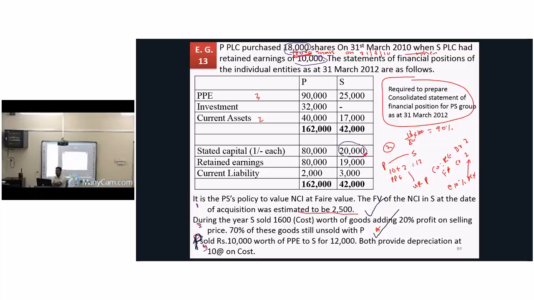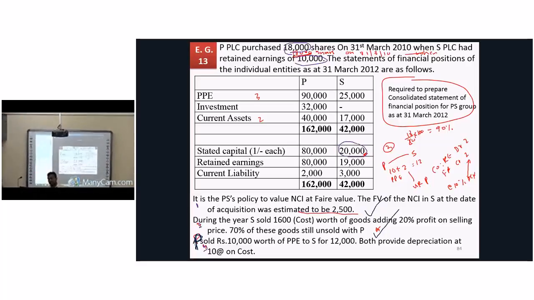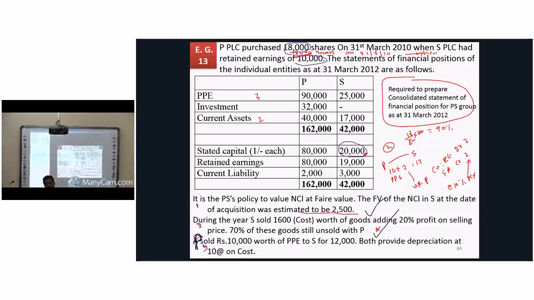And what about depreciation now? Parent has added actually a profit of 2000, as a result of that the subsidiary or the buyer will provide their depreciation on that amount, because the selling price of the parent will be the purchase price of the subsidiary. So subsidiary will recognize this purchase price of 12,000 in their books of accounts and they will provide depreciation on this 12,000.